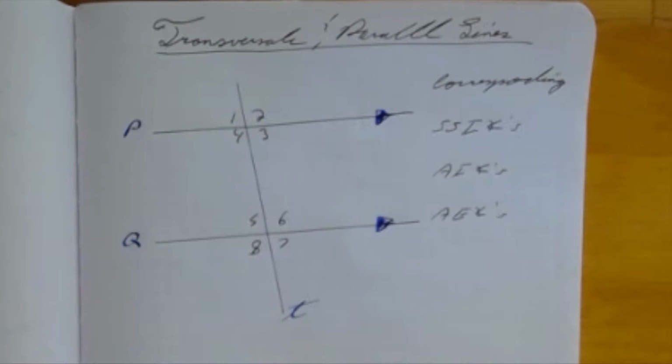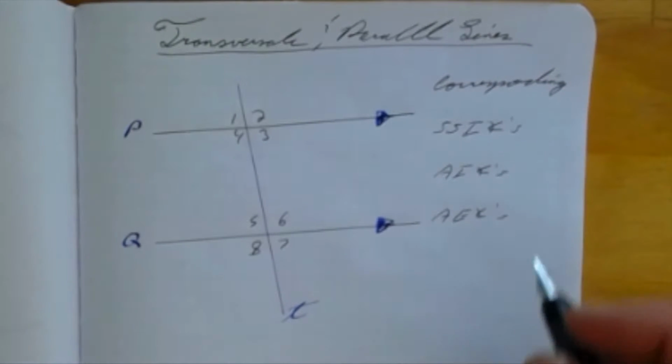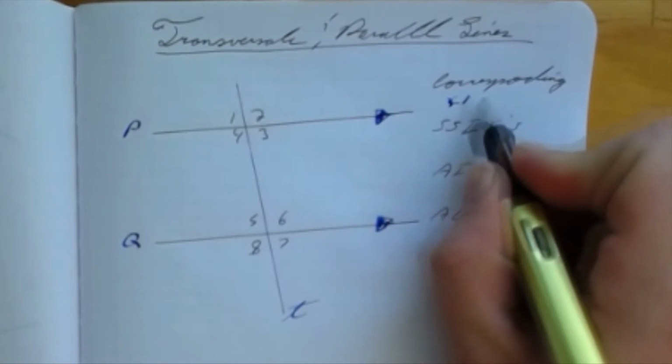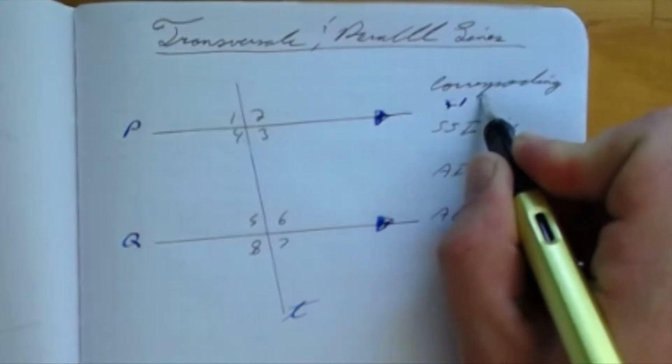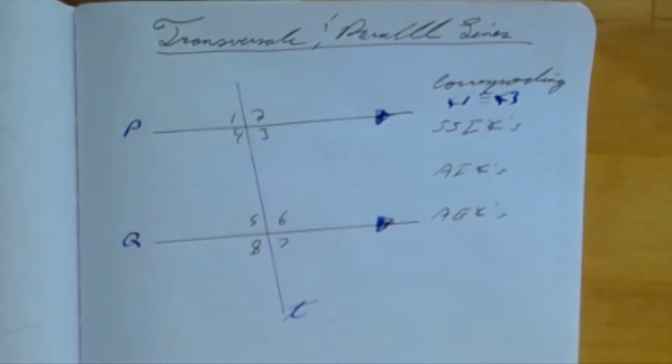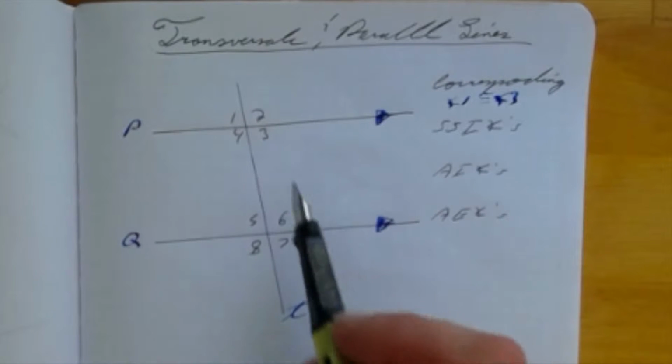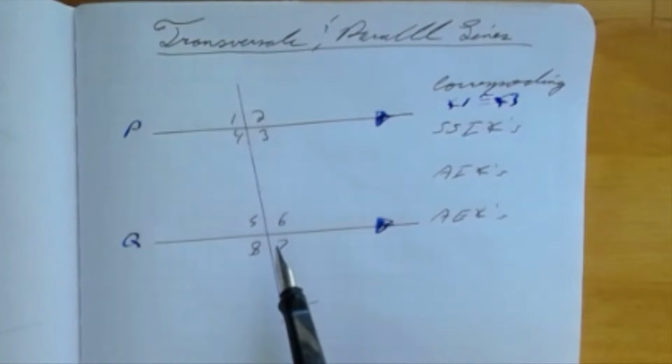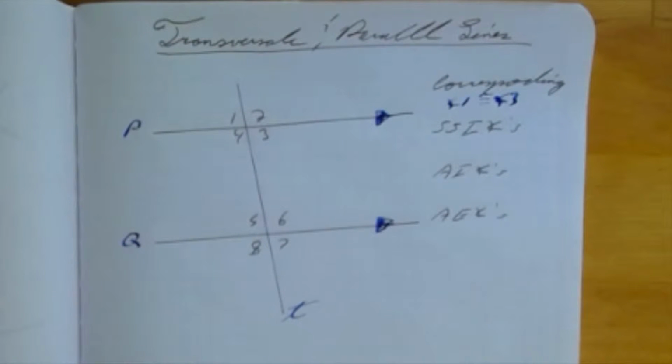So what we have is two angles are called corresponding angles. Corresponding angles are like angle 1 and angle 3 are corresponding angles. This lets us know that they're congruent to each other, okay? The corresponding angle theorem says two parallel lines that are cut by a transversal, which is what we have here, then the corresponding angles are considered congruent.